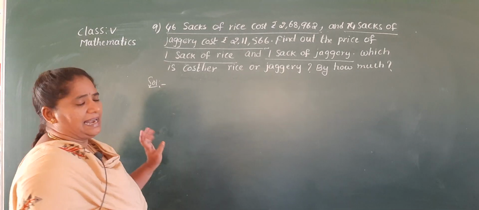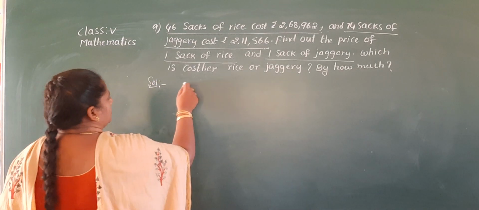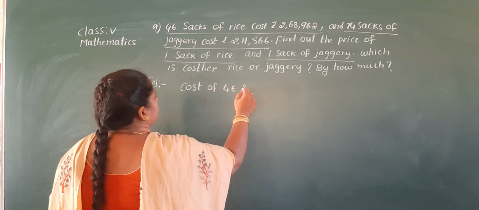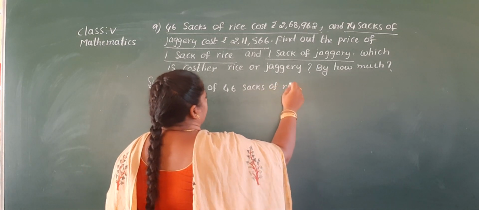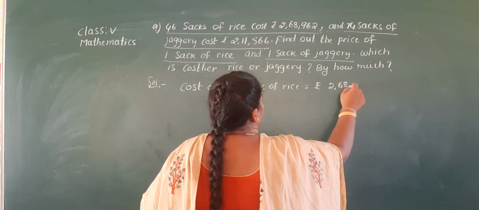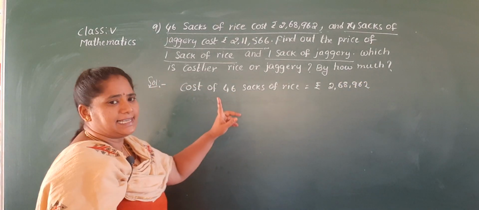So first we write the cost of 46 sacks of rice equal to 2,68,962. So this is the 46 rice bags.